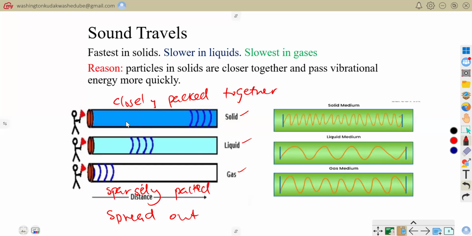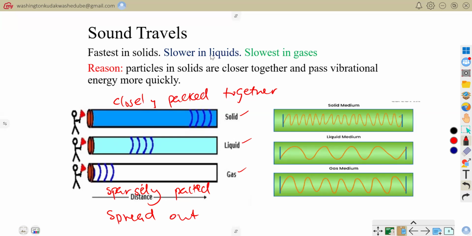So you would see that sound would get to have different speeds in different types of packing. Where you have a solid, where the particles are closely packed together, you will see your sound traveling faster. So sound travels fastest in solids. Why? Because the particles in solids are closer together and they pass vibration energy more quickly.